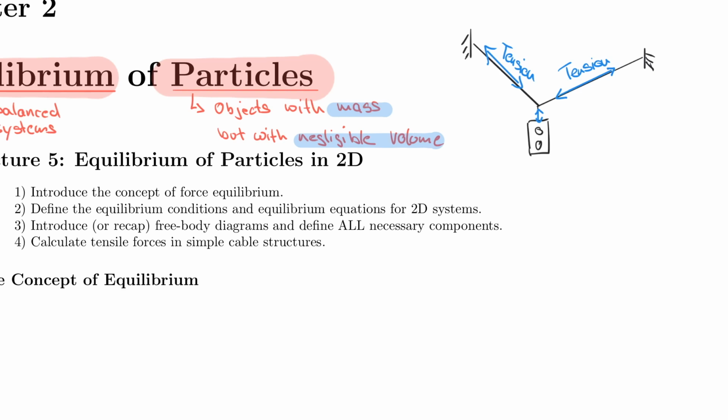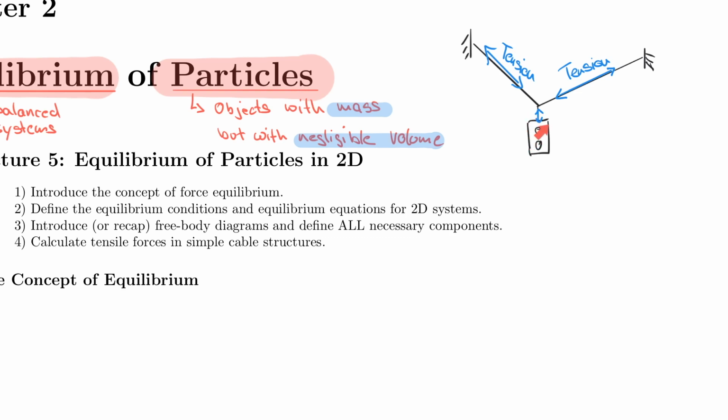However, for the purpose of calculating the tension in these cables, the engineer could not care less about what's hanging here. The only thing the engineer would care about is what mass does the object have that is hanging here. So it doesn't matter if it's a traffic light, a lamp, a box, whatever you want to think of, it is not important.